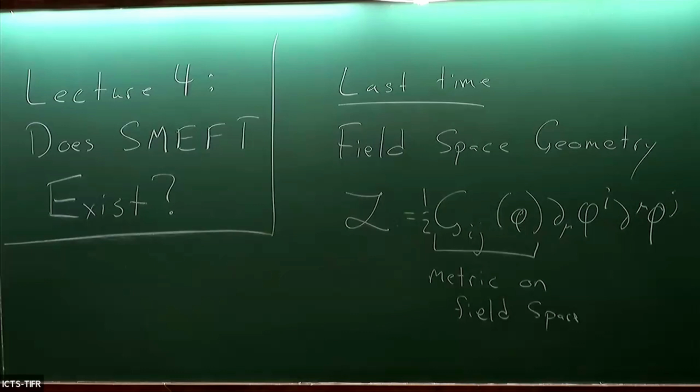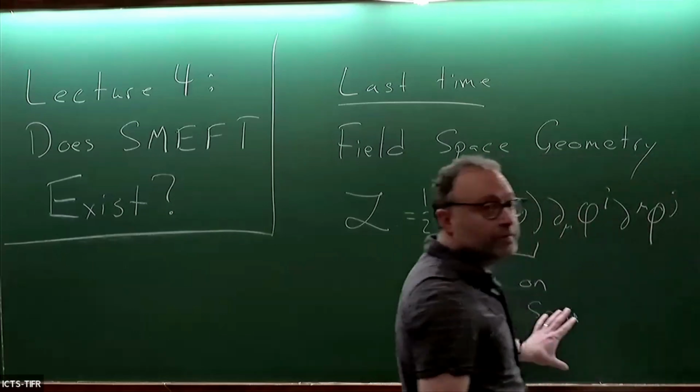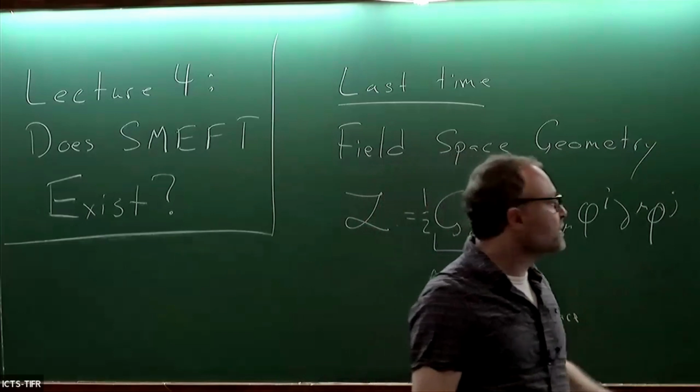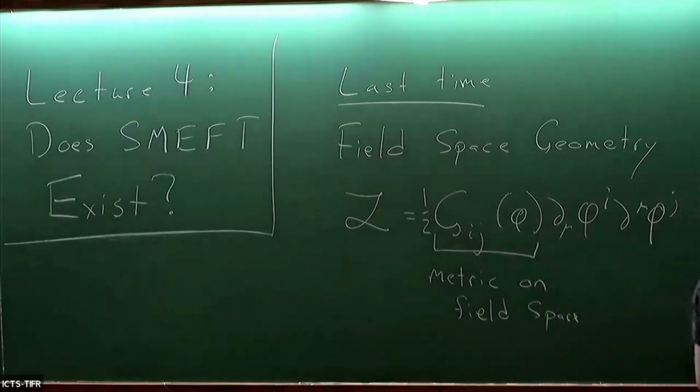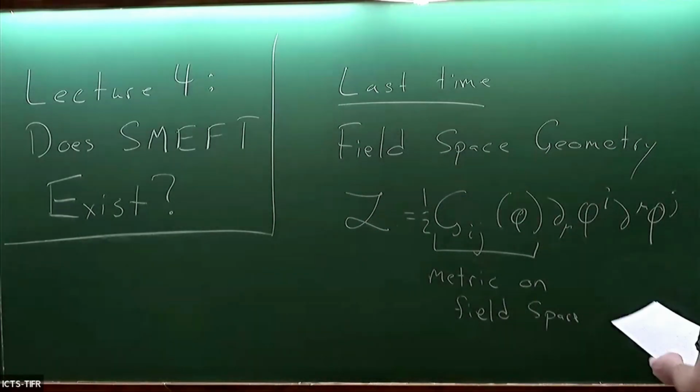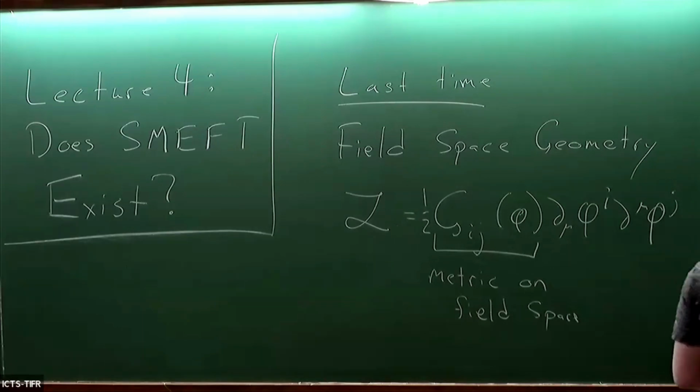We can use it to construct objects that transform covariantly or objects that are invariant under field redefinitions, right? In particular, field redefinitions without derivatives. So we had this class of field redefinitions, phi goes to phi tilde of phi, right?